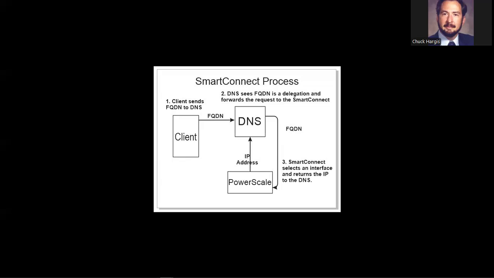In the third step of the process, the SmartConnect sees that request, and it chooses which is the best port to send the client to, and sends the appropriate IP address for that port back to the DNS.